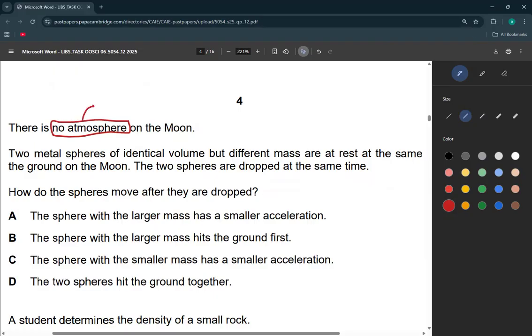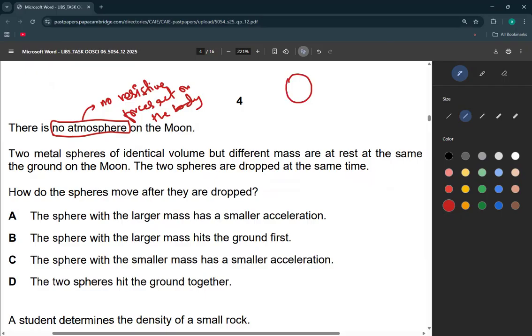It means no resistive forces act on the body. One thing. The other thing is, for instance, if there would have been an atmosphere existing on the moon. And they're saying two metal spheres of identical volume but different masses. Volume is same but masses are different.